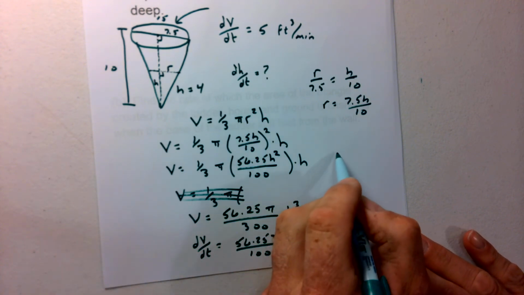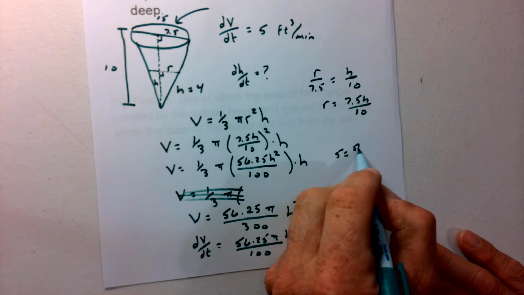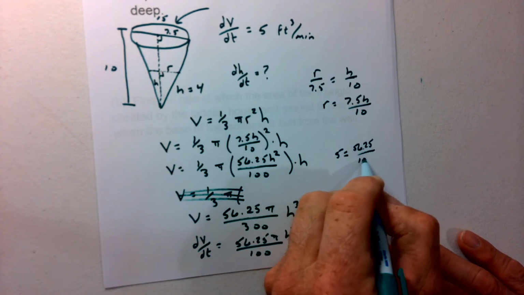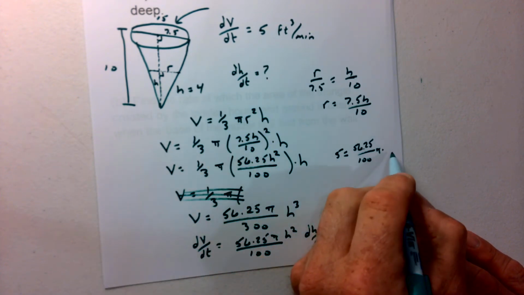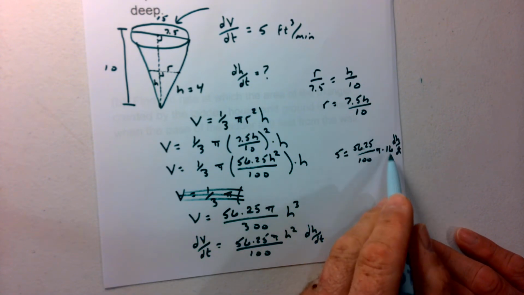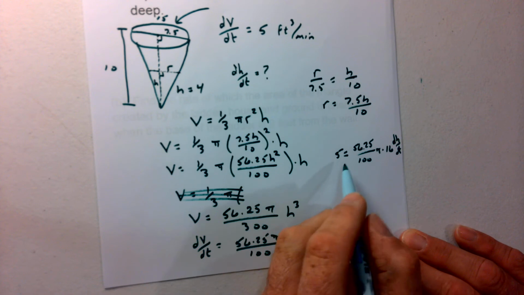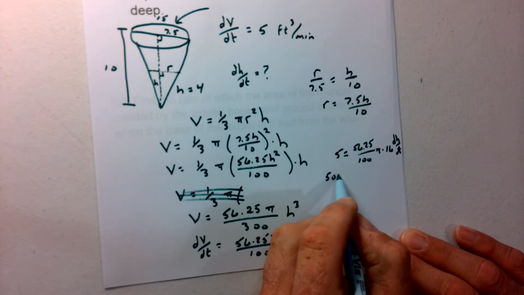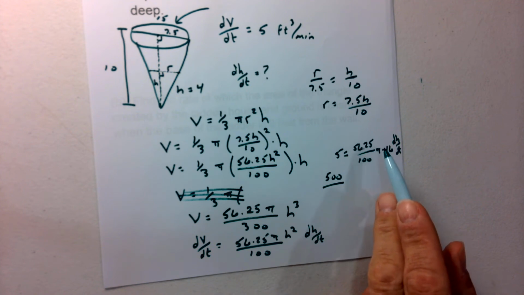So I can come off to the side here. 5 is going to equal 56 1/4 over 100 pi times my height squared, which is 16, and then dh/dt. I can divide all of this over, multiply by 100. So we're going to have 500 divided by, if I multiply 56 1/4 times 16, that's a nice clean number, isn't it?